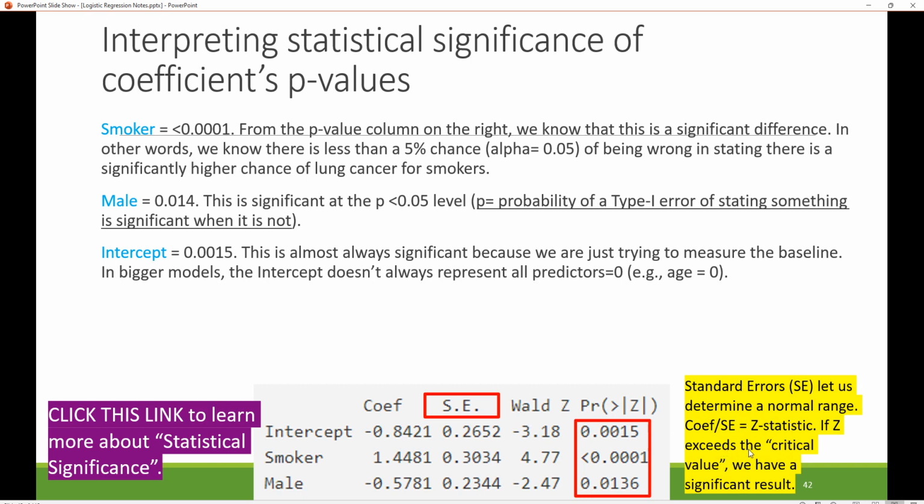If Z exceeds the critical value, we have a significant result. So the further away from 0 that Wald Z statistic is, the more significant our outcome is. And so you see that 4.77 has a p-value less than 0.001, so there's greater significance in that result. Click on the bottom left-hand side, this link, to learn more about statistical significance.